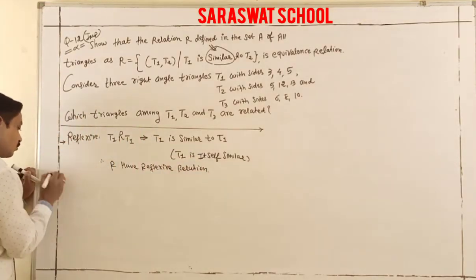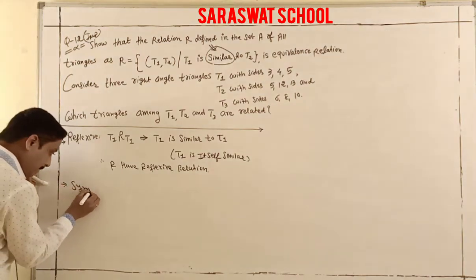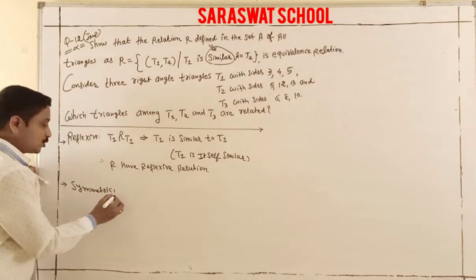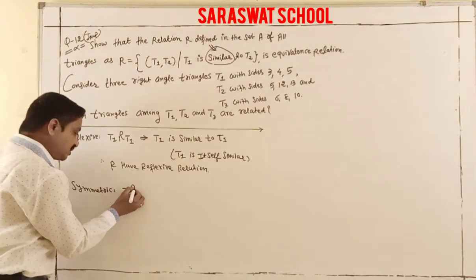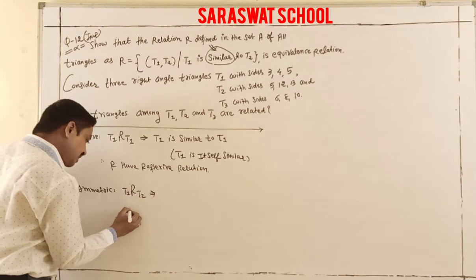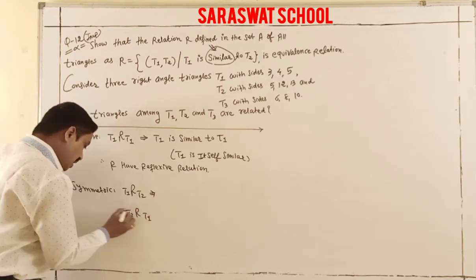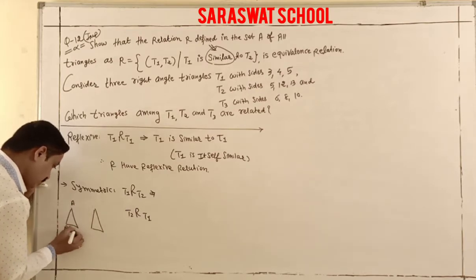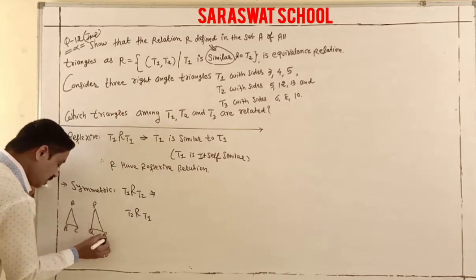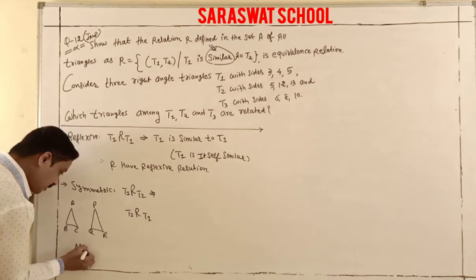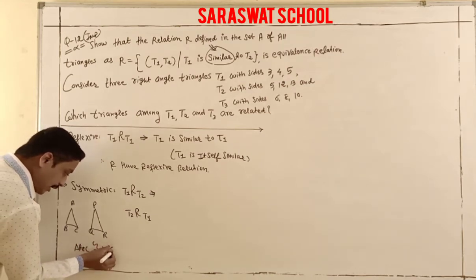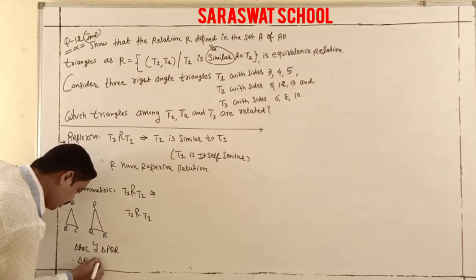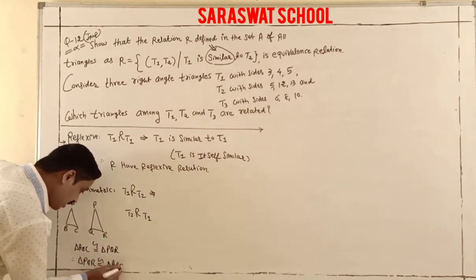Second, symmetric relation. Here the relation is T1 relation T2, after that T2 relation T1. Consider two triangles, ABC and PQR. If triangle ABC is similar to triangle PQR, then definitely triangle PQR is similar to triangle ABC.